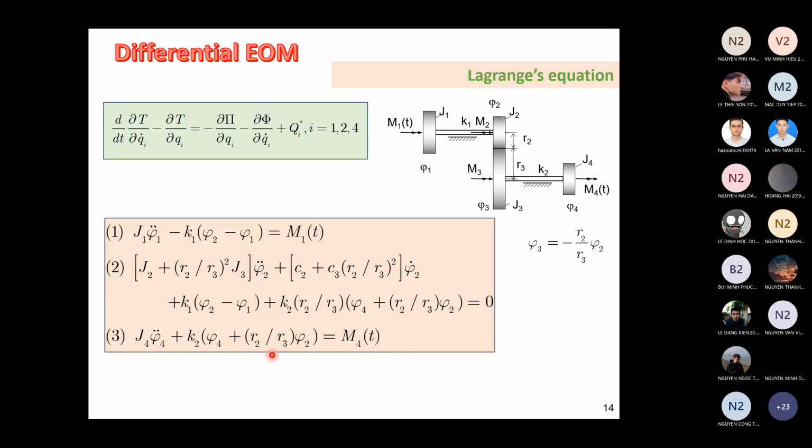And you can see here that not only phi1, phi2, phi3, phi4 appear in the equation, but also in the first equation phi2 also appears. So in order to calculate easily, please convert it into the matrix form.